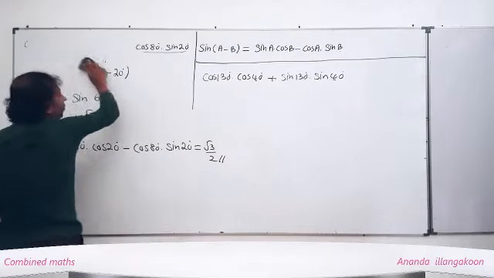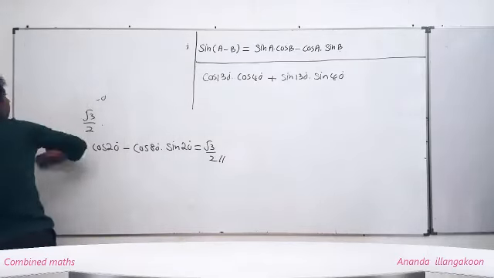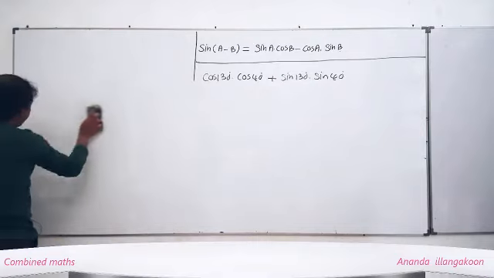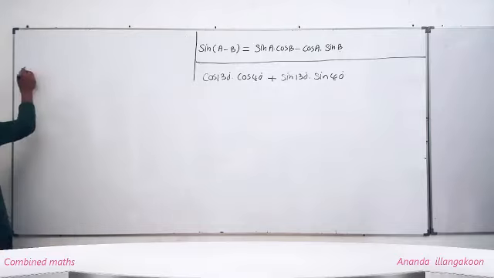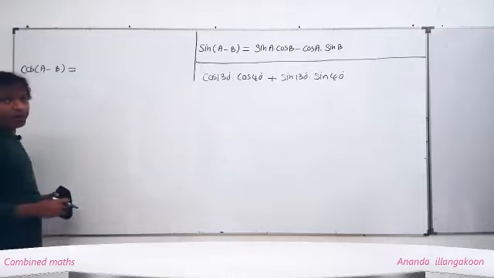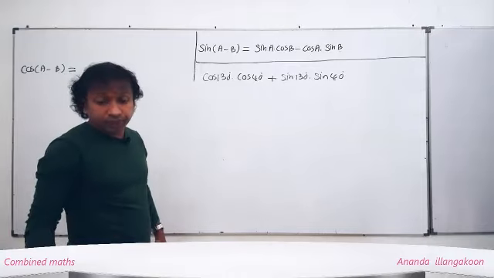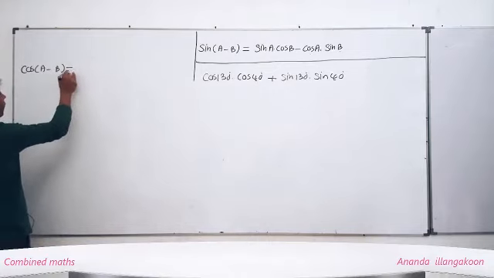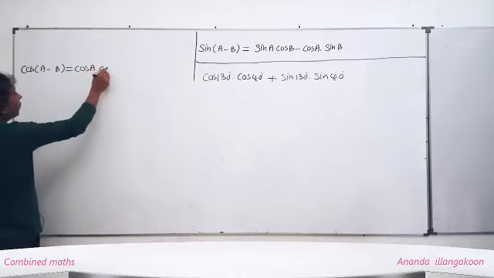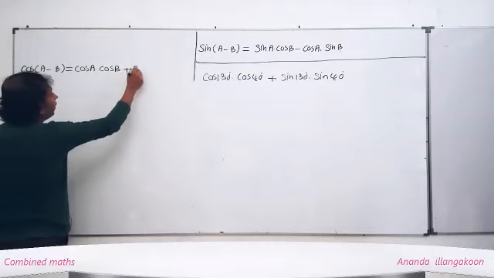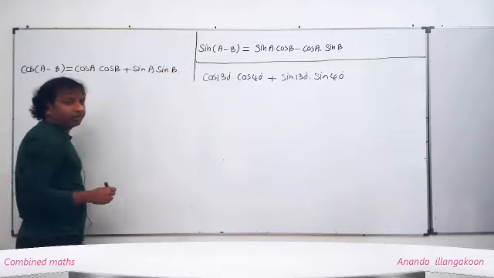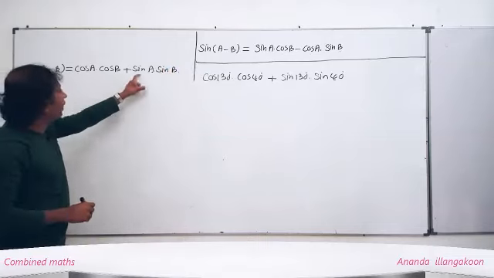That expansion is coming by what? Just pay your attention on the cos A minus B formula. This is formula number 4 under the AB formulas. The cos A minus B formula is cos A into cos B plus sin A into sin B. Cos cos plus sin sin, very similar to this.